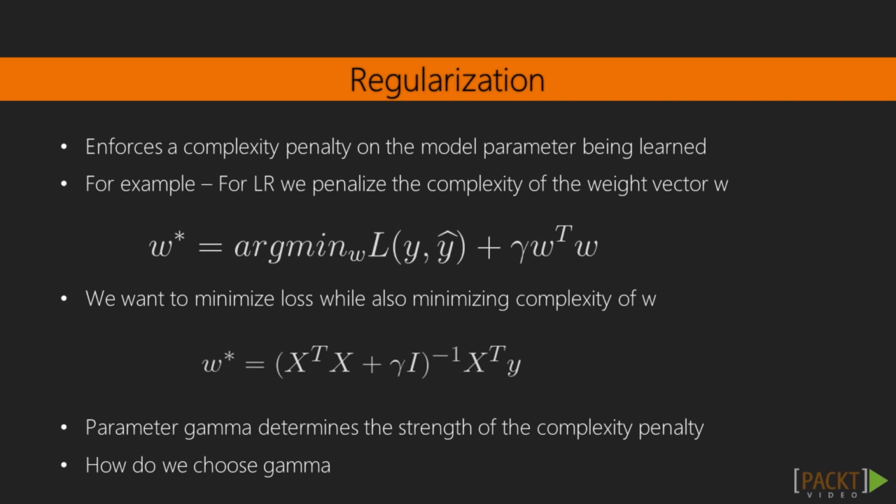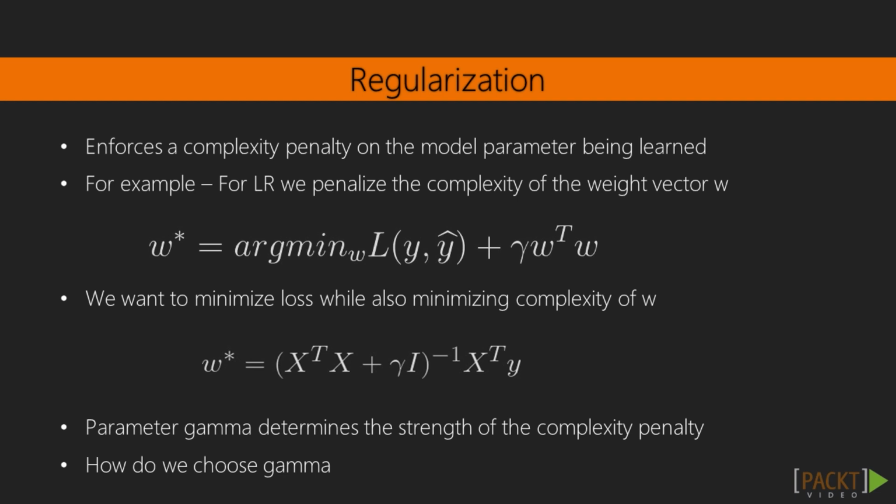We add this complexity term to the original loss function and scale it by a scalar term gamma. With this new loss function, we are trying to minimize the original loss function as well as minimize the complexity of the weight vector being learned. The gamma parameter determines the strength of the complexity penalty in the loss function.